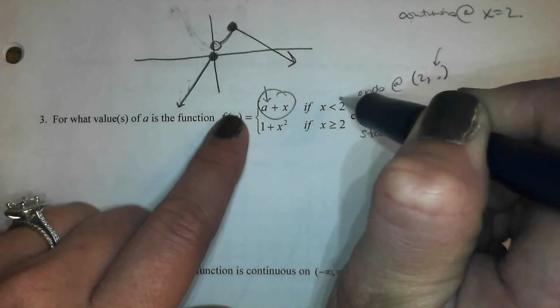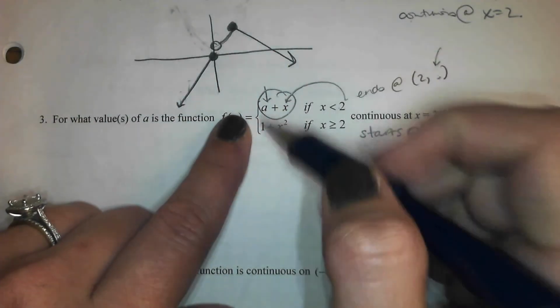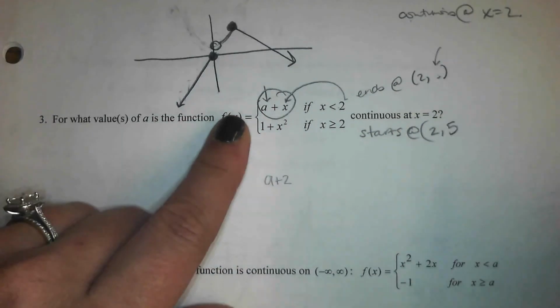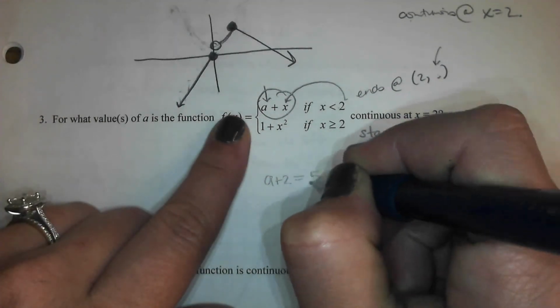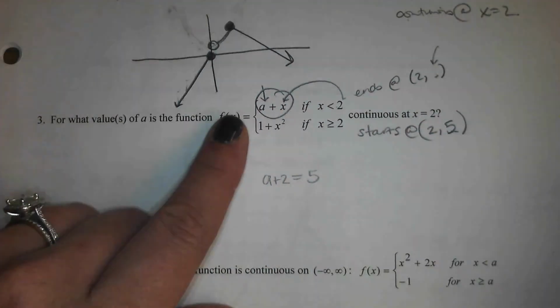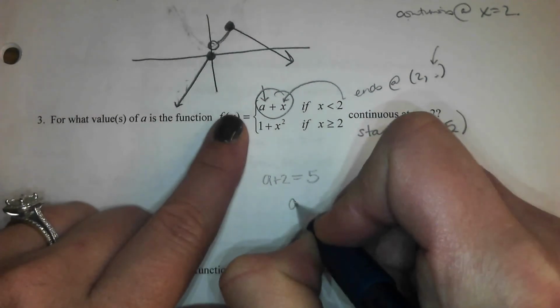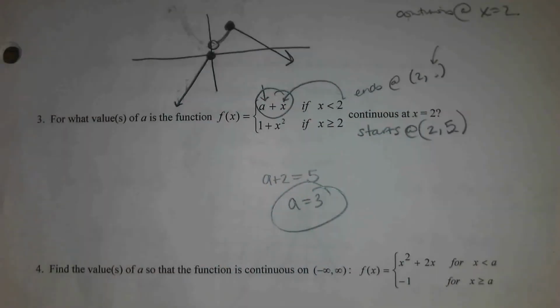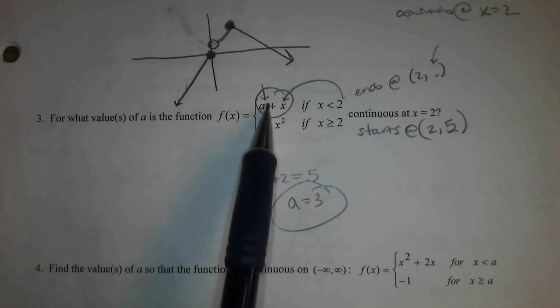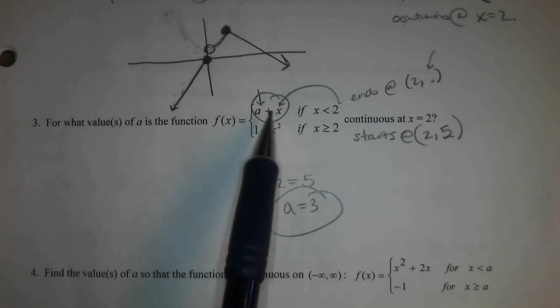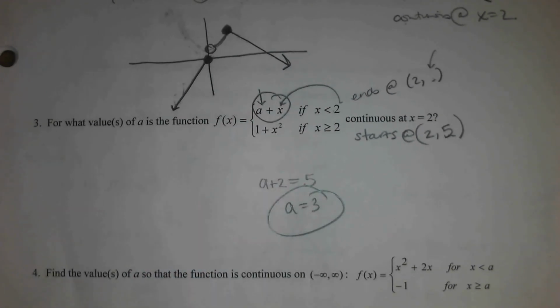So you would bring your 2 in here, and a plus 2, we want to equal the 5 that this one does. And so therefore a has to equal 3, and there's your answer. Because if a equals 3, then this one would end at 2 comma 5. Does that make sense? Okay, just making you think of it from a different angle.